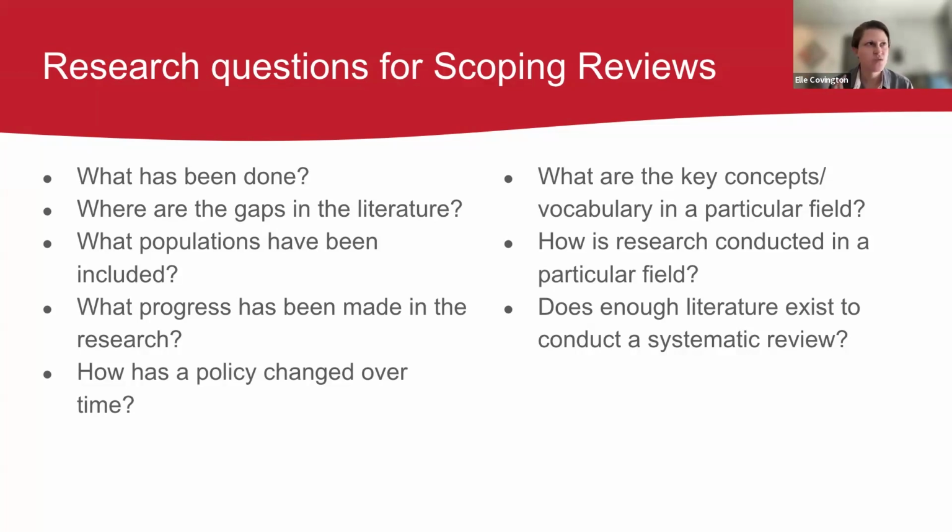And I think that's one of those things we were talking about earlier, before the recording: scoping reviews can sometimes be seen as not as important or not as rigorous or not as respected as things like systematic reviews or other studies.